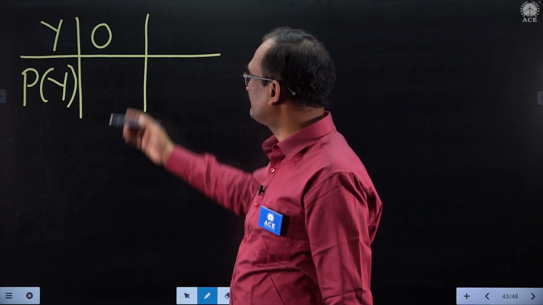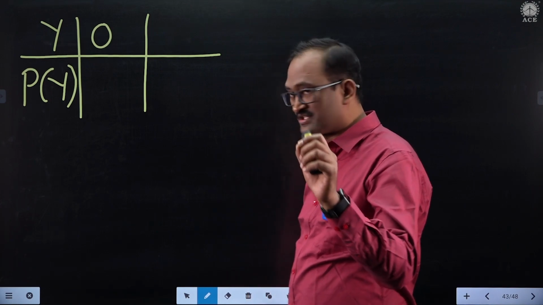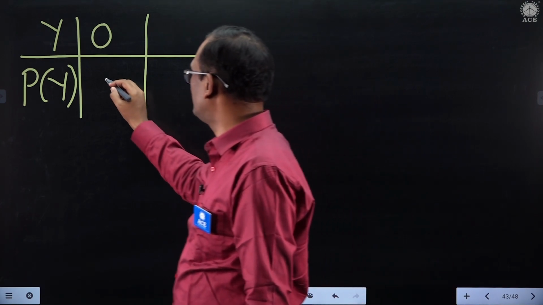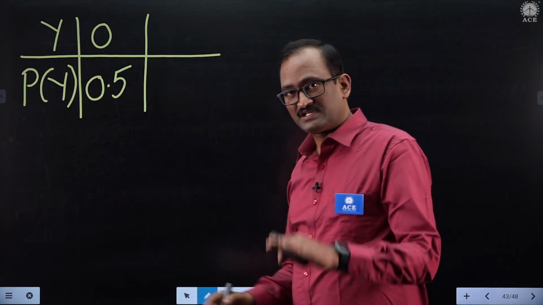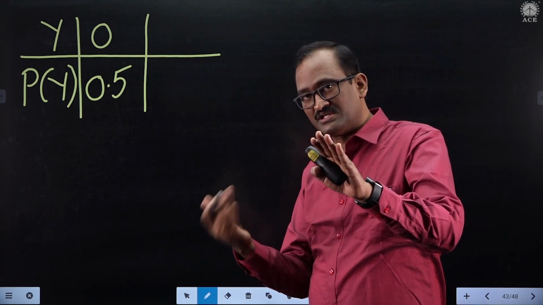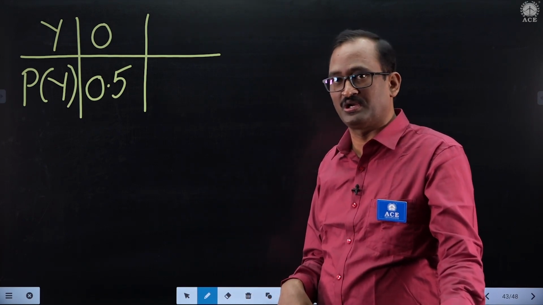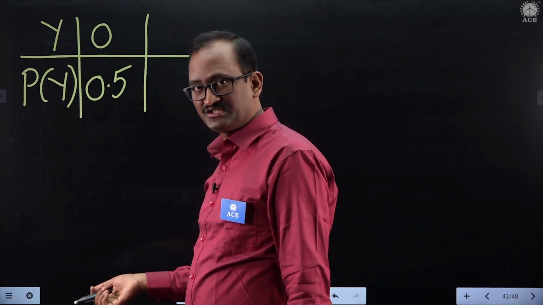The probability of question B correct is 0.5, and question B wrong is also 0.5. If the first attempted question is wrong, it doesn't matter whether the second attempted question is correct or wrong, he will get 0 marks only.